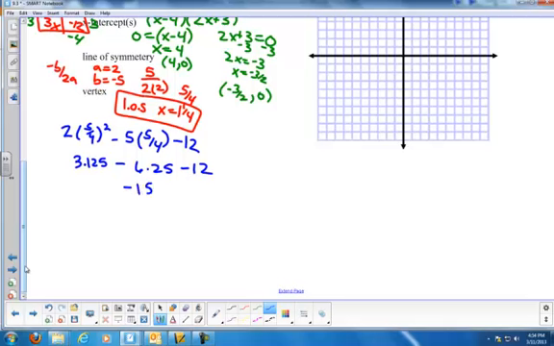And that is negative 15.125. So our vertex point is positive 1 and 1/4, and negative 15 and 0.125.